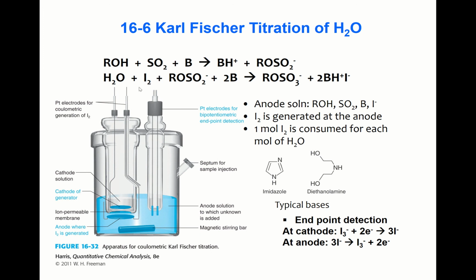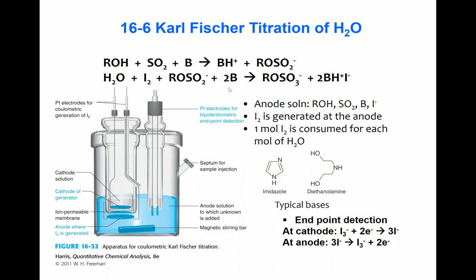Okay, the principle is not difficult to understand. You have to have alcohol and SO2 and base. And the different bases can be used: imidazole, ethanolamine. Those bases can be used. And then also you need to have iodine, and these species all have one sulfonate group.